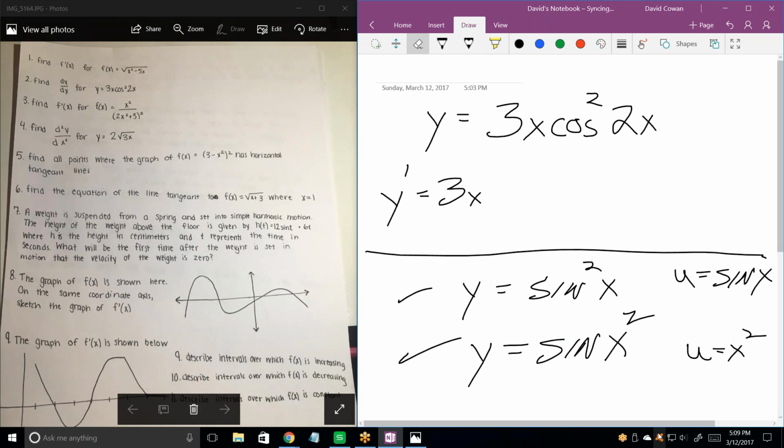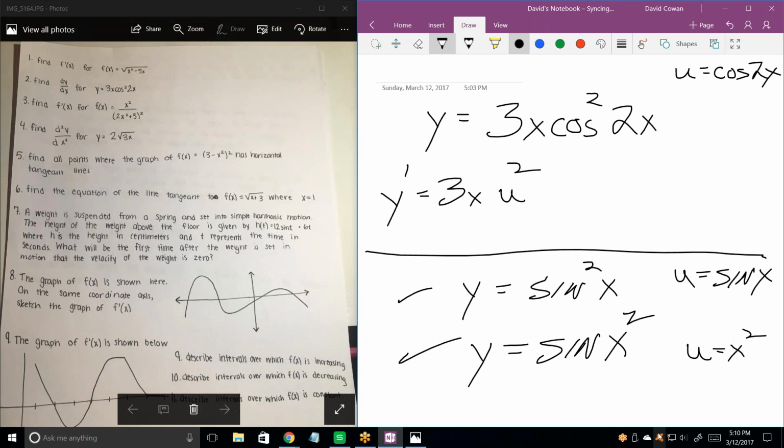Okay, well, let's start with the outer inside first. In other words, if I had cosine of 2x is equal to u, now what I really have is u squared, right?